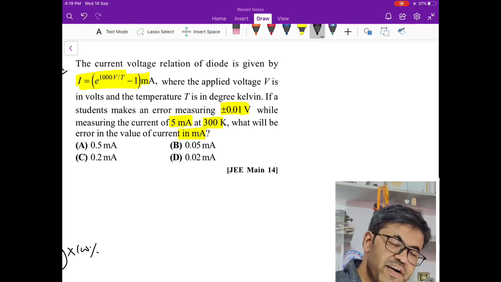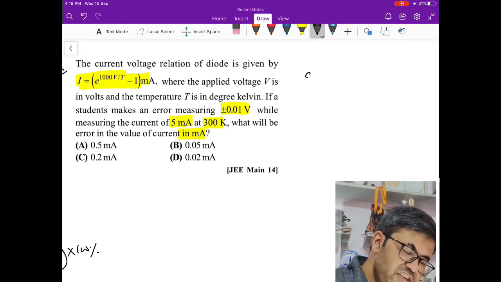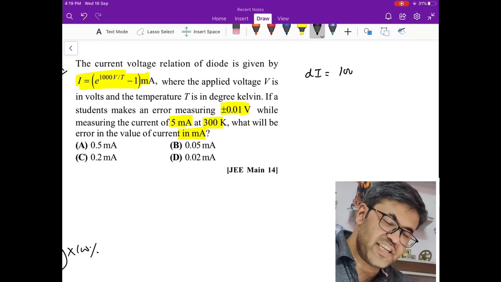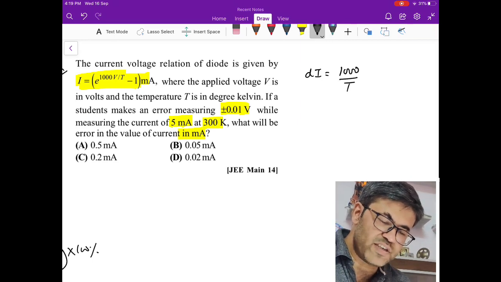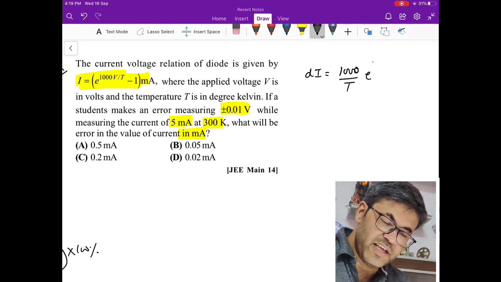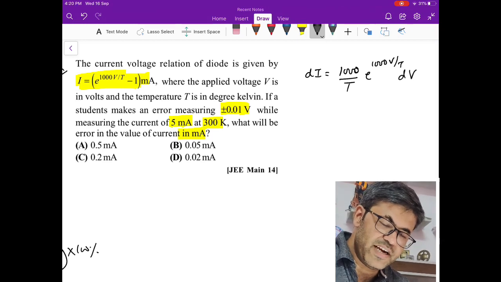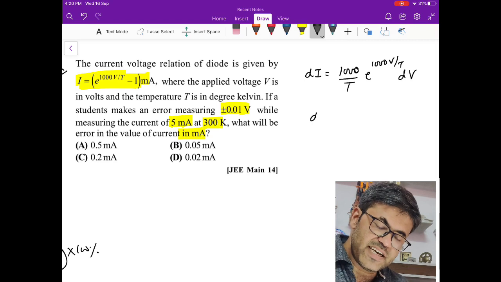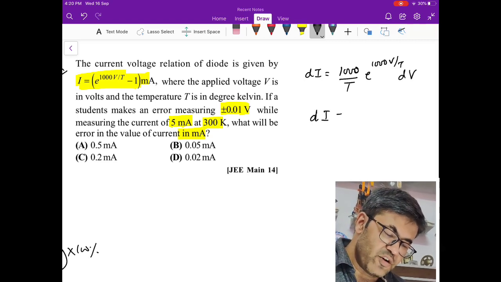So if I differentiate it, or for small changes, di would be, differentiating the exponential term, 1000 by t dv multiplied by e to the power 1000 v by t, and the derivative of 1 would be 0. But we need the error in measurement, so we need di only.